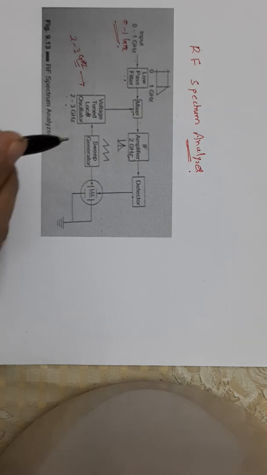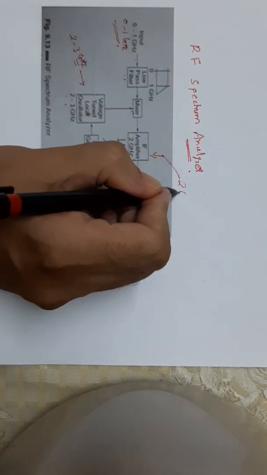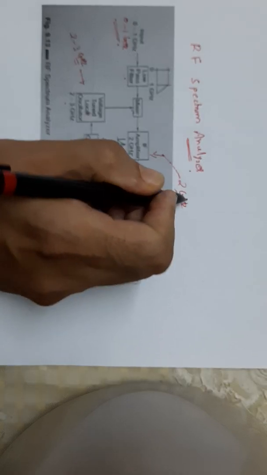Where is the IF amplifier? This is your IF amplifier, and it is nearly 2 gigahertz range.